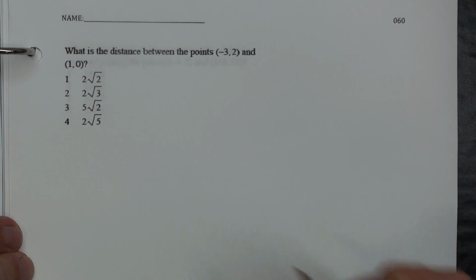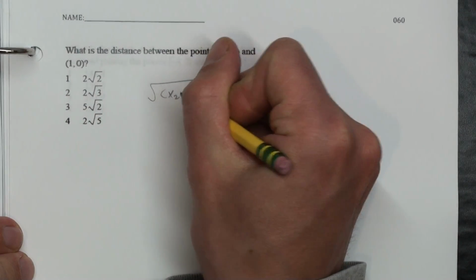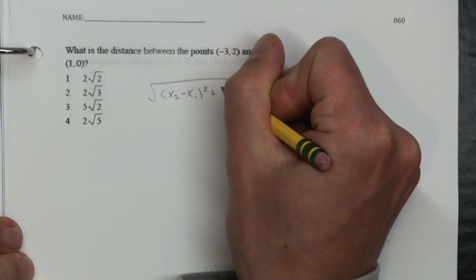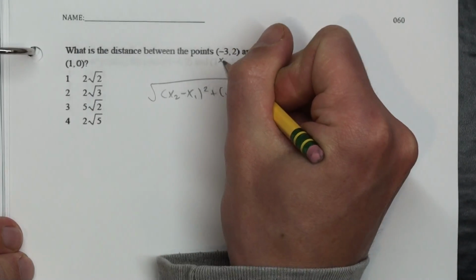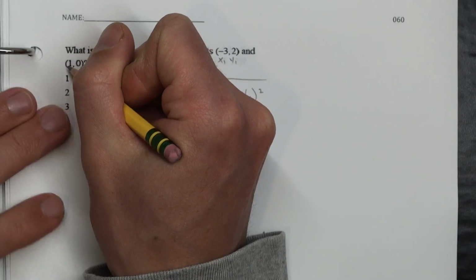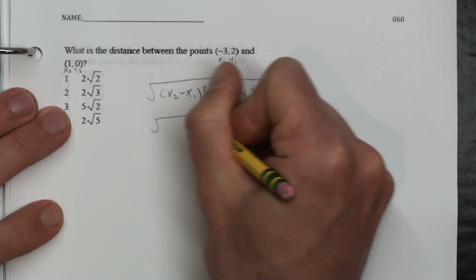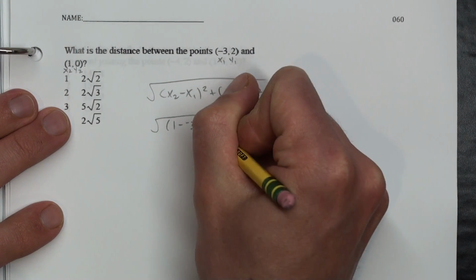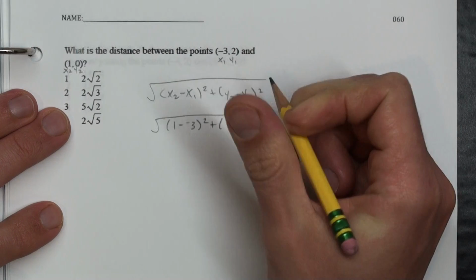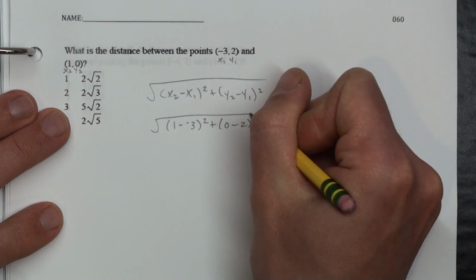60. Same deal. Square root of x2 minus x1 squared plus y2 minus y1 squared. Let's say this is x1, y1, x2, y2. 1 minus negative 3 squared plus 0 minus 2 squared.